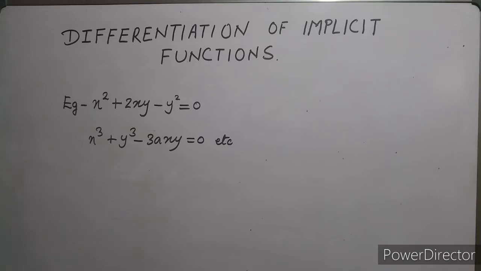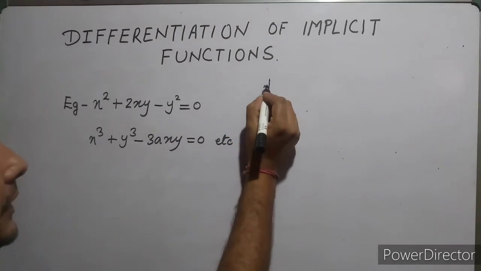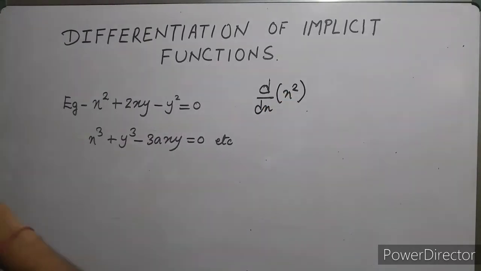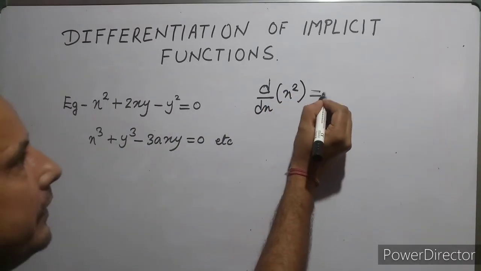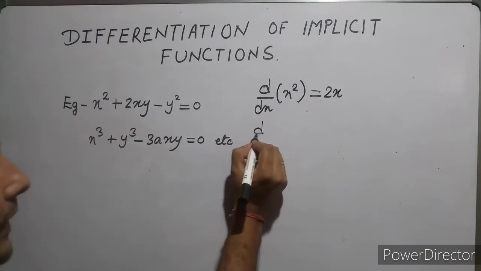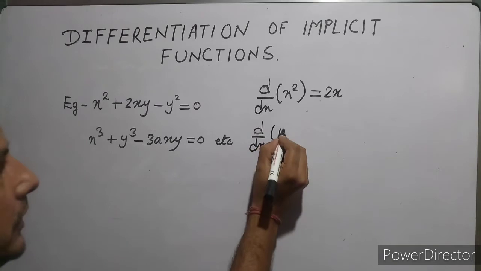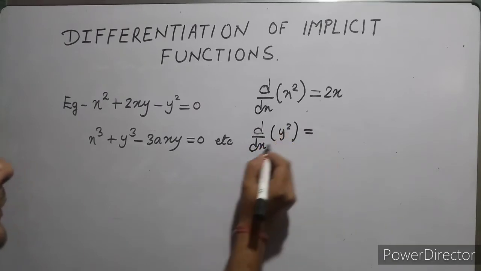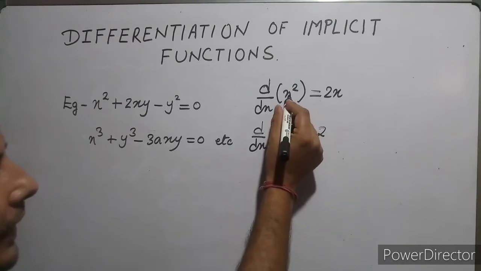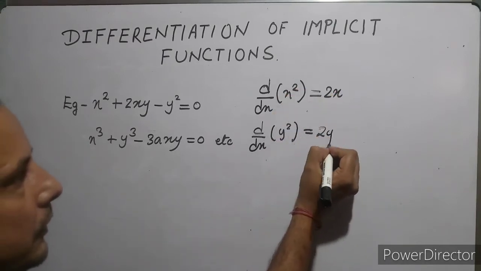To solve these equations you will get a new concept of derivative. You know dy dx of x square, derivative of x square is directly 2x, and the derivative of x is 1. But if you are asked to differentiate y square with respect to x, first you differentiate the power function, same way as x square is 2x, y square will be 2y.